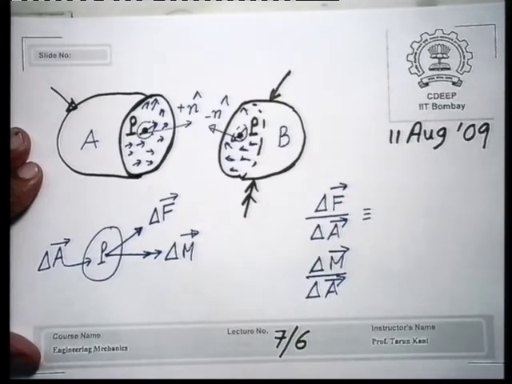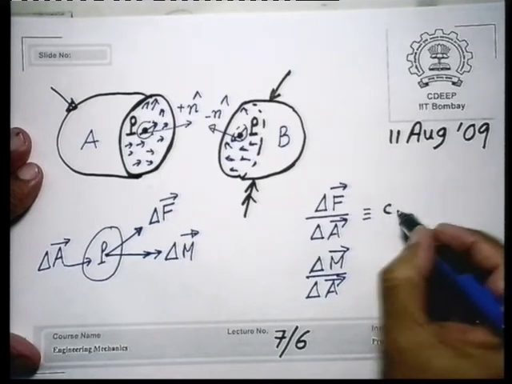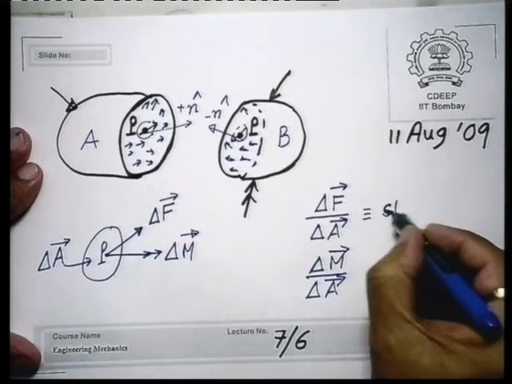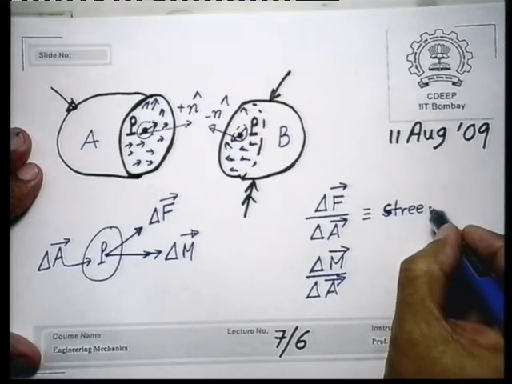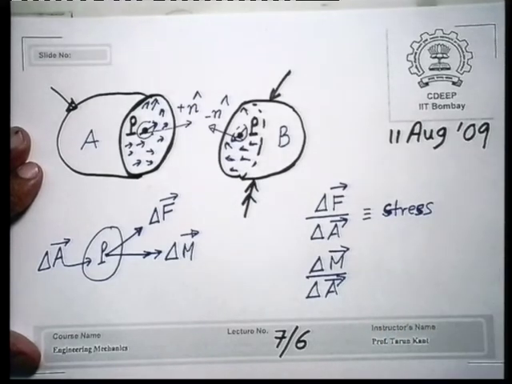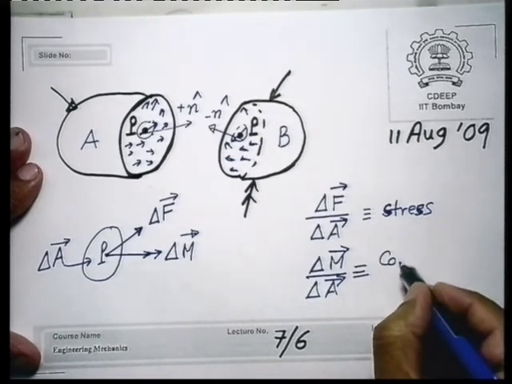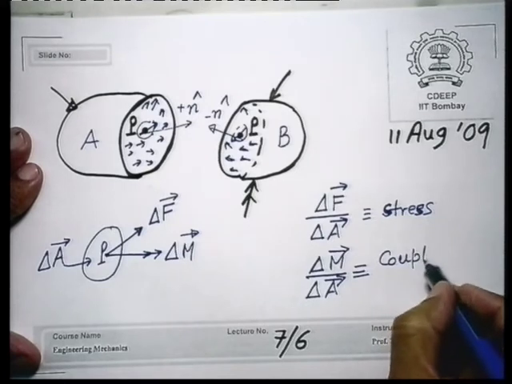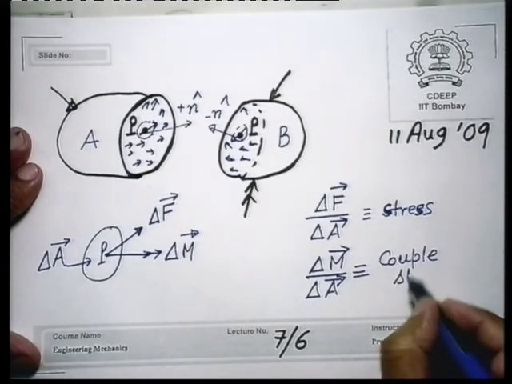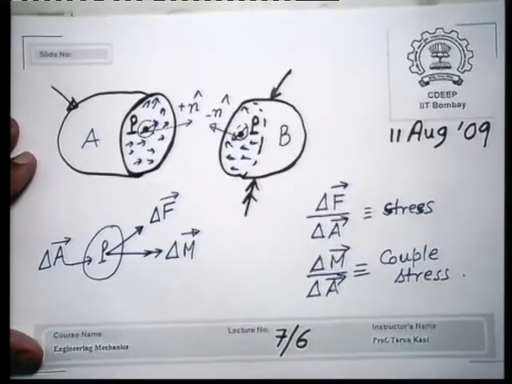Such quantities, force divided by area, we call stresses, or simple stress, and the quantity moment per unit area we call couple stress. So, simple stress and couple stress.